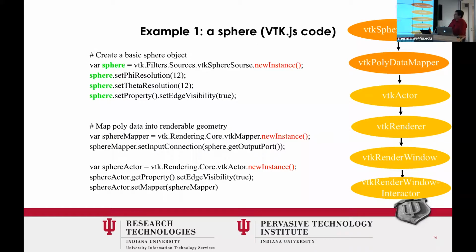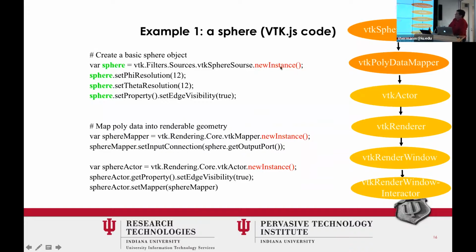So we have a class, which is this VTK sphere source, misspelled a little bit there. And it is under a couple of different layers of VTK's system, and we'll talk a little bit about that later. Anyway, sphere source is a source, and it's under the rubric of all the filters. And so we're going to create that.